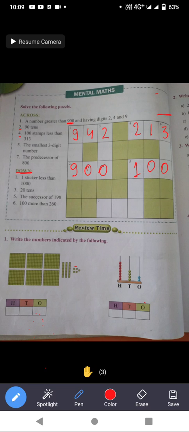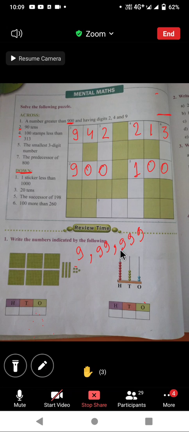If we are finding the smallest 3-digit number, add 1 more 0. For the smallest 4-digit number we write 1 0 0 0, 3 zeros will come. For making the greatest number we use only 9s. The greatest 1-digit number is 9, the greatest 2-digit number is 99, the greatest 3-digit number is 999. Like this we can find the greatest numbers.